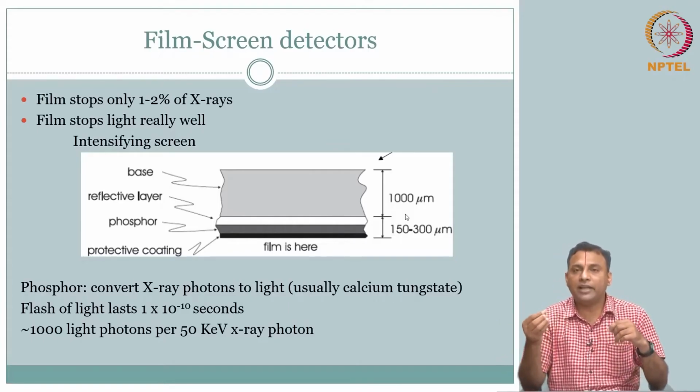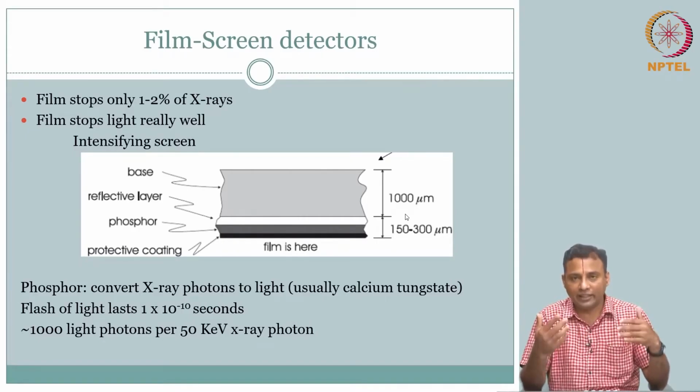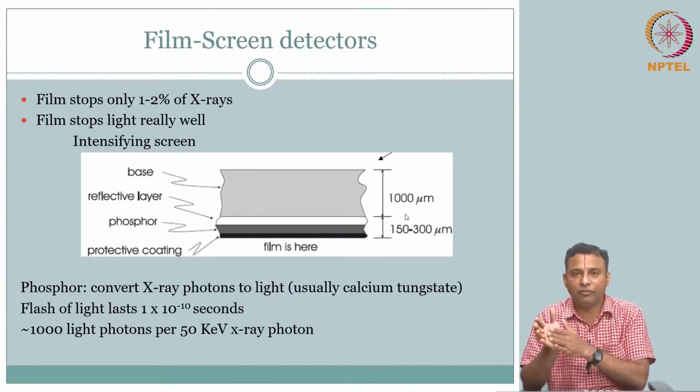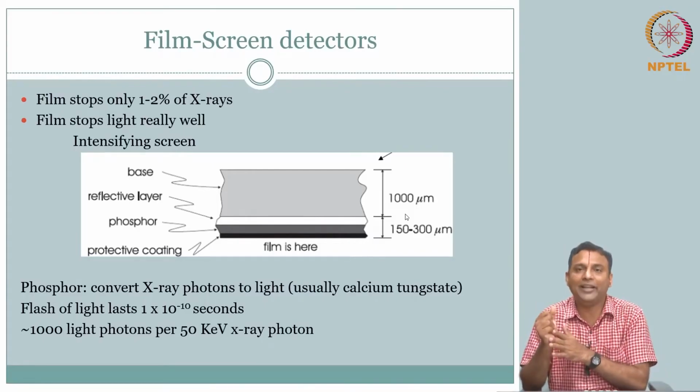So, the speed of screen typically is used to refer to this conversion. Why? Because if I have high speed of screen, that means it takes little time, because more photons are created, the conversion is high, then more light photons are generated. If more light photons are generated, the film can get exposed quickly.